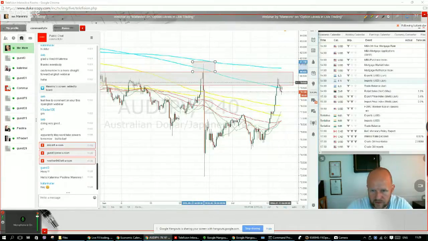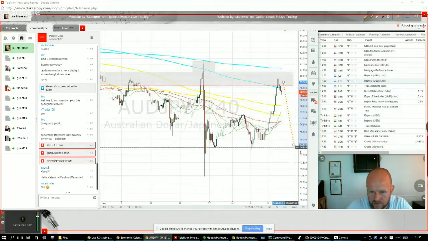I do expect the price will return to this area to give us a better price to sell it from here. And then the price will continue its down movement toward this area, 74.75.